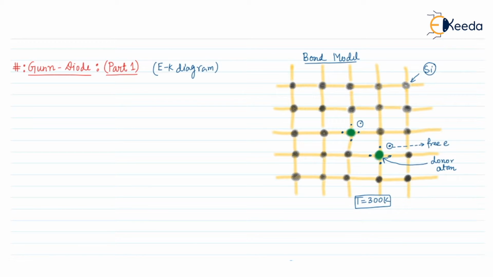If we apply an external force in this direction, that is, if we apply an external electric field, then the free electron will experience two kinds of forces.